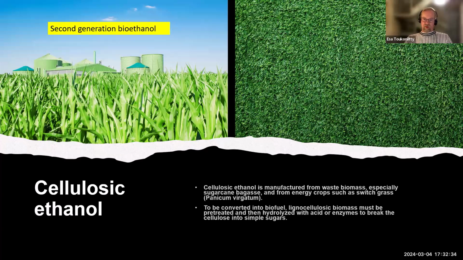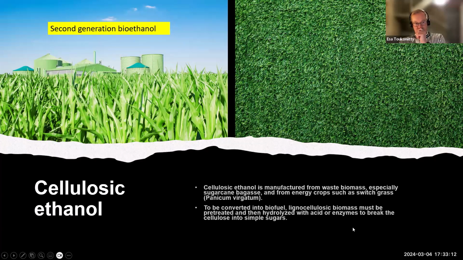So what's the difference here? The second generation bioethanol is made from lignocellulosic material, so wood waste or plant residue. These are parts like the stem or leaves or bark, parts that are usually not used, so kind of side products, or at least these are not edible parts. We'll take a look at these processes later on.